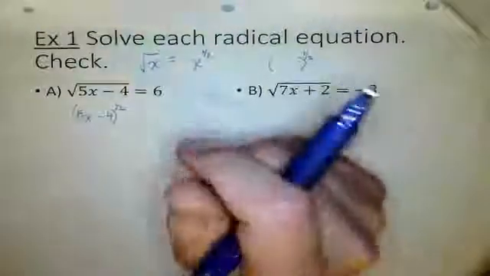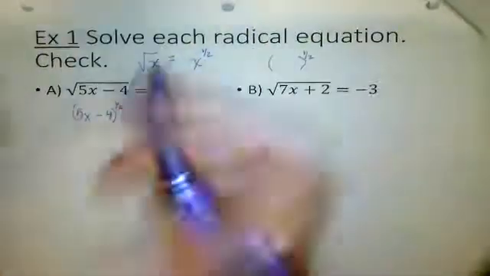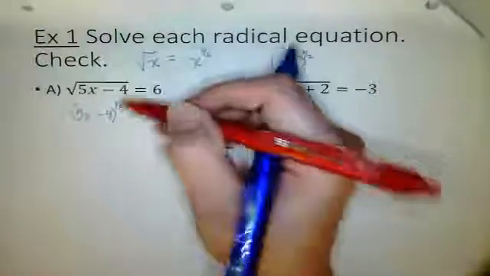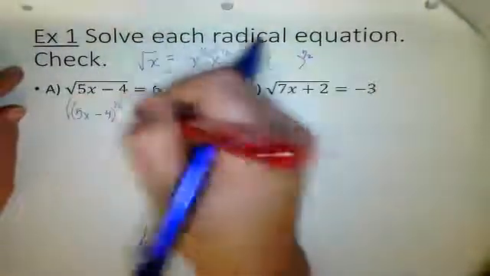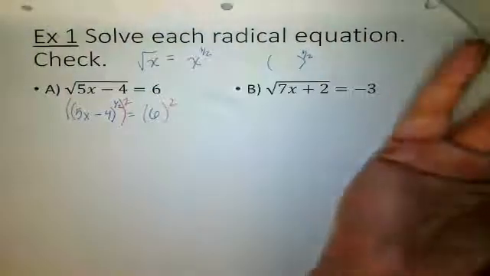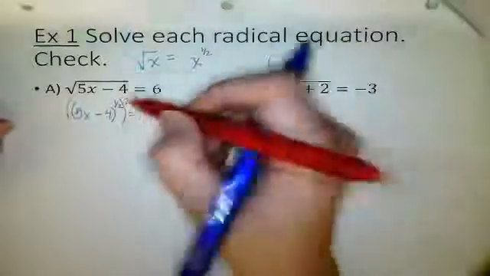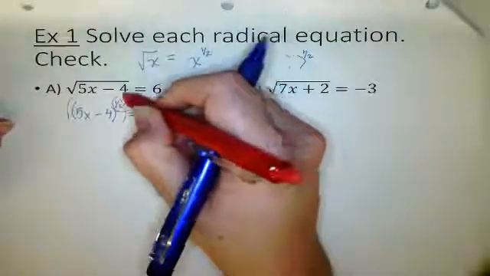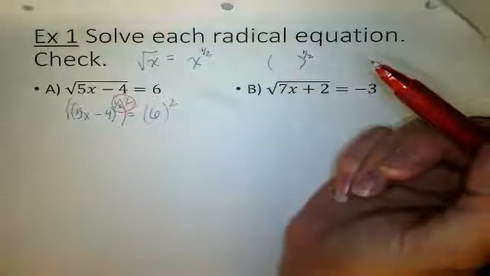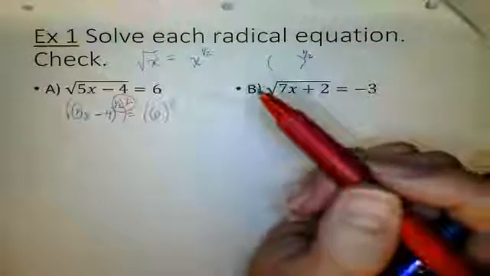And then if I say, I want to get rid of this power of 1/2, then I can raise it to a power of 2, also known as squaring both sides. And what do you do when you have a power raised to a power? You multiply, and what's 2 times 1/2? 1.